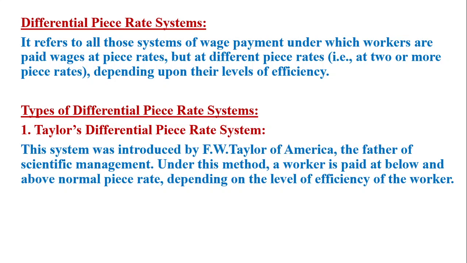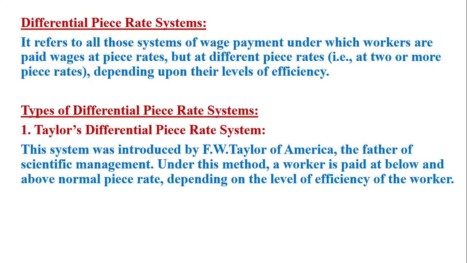First, let us understand the meaning of this differential piece rate system. Piece rate system means based on the output of the workers, the organization pays the wages. If the number of units produced by the workers keeps on increasing, the earnings of the workers will also increase.